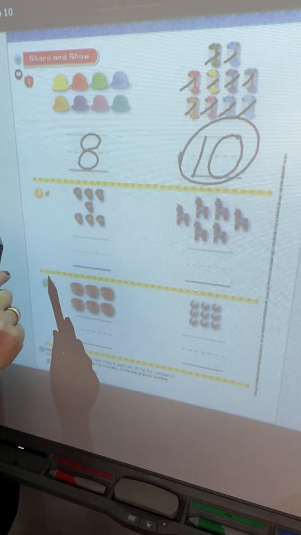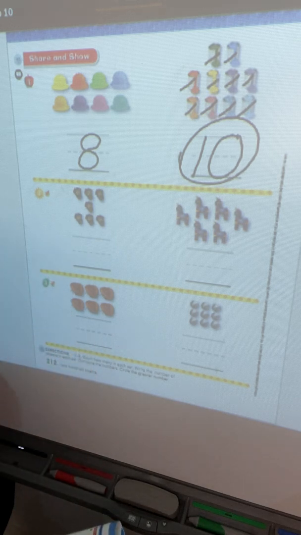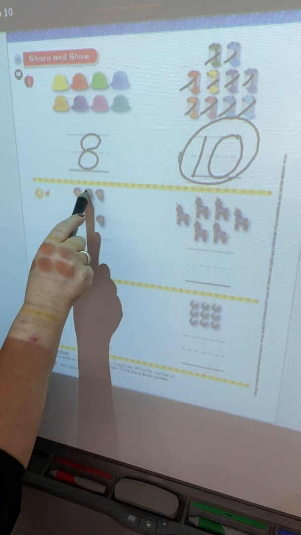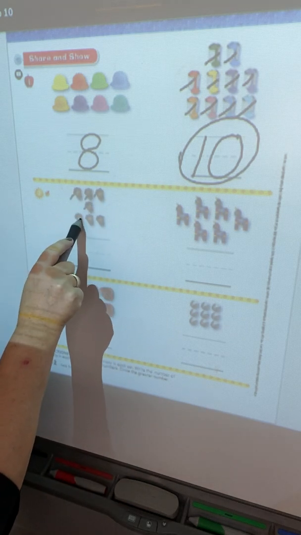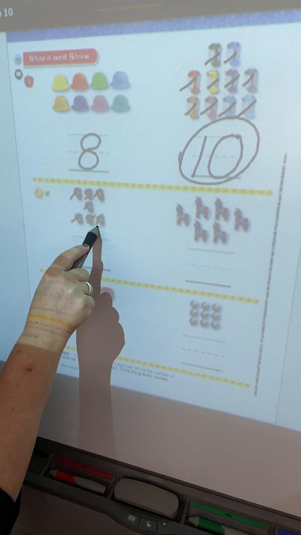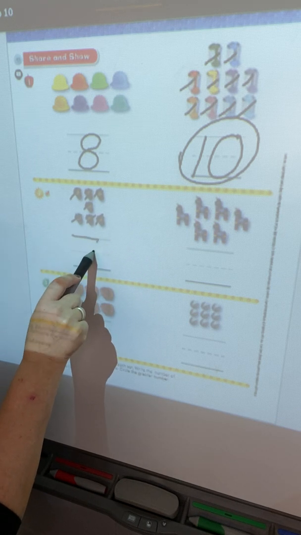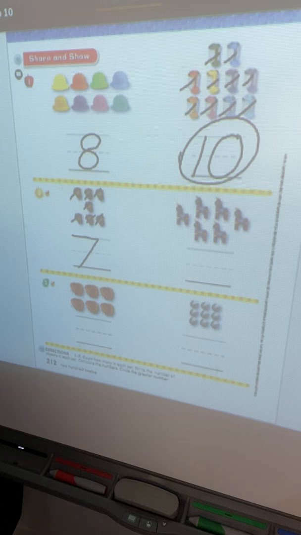Let's count these. Are those pirates? Looks like pirates. 1, 2, 3, 4, 5, 6, 7. Slide and slant. And then these are called piñatas. Have you ever heard of a piñata before? It's a piñata.